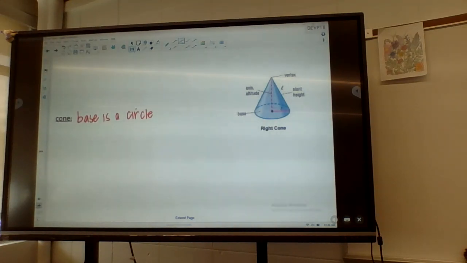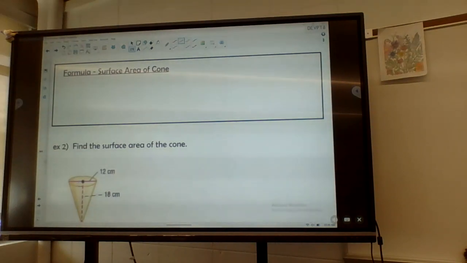So, getting into our formula right away. Now, technically, I would say it's the perimeter of the base or the circumference divided in half, but I'm going to skip over that because I just feel like that's kind of silly.